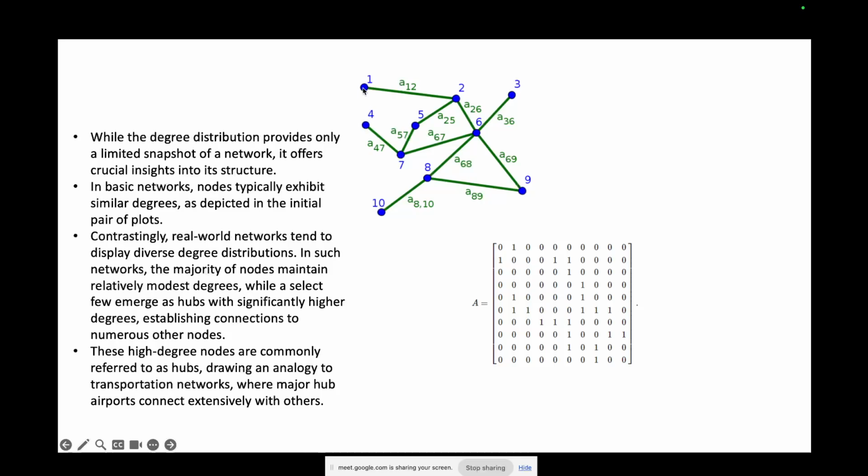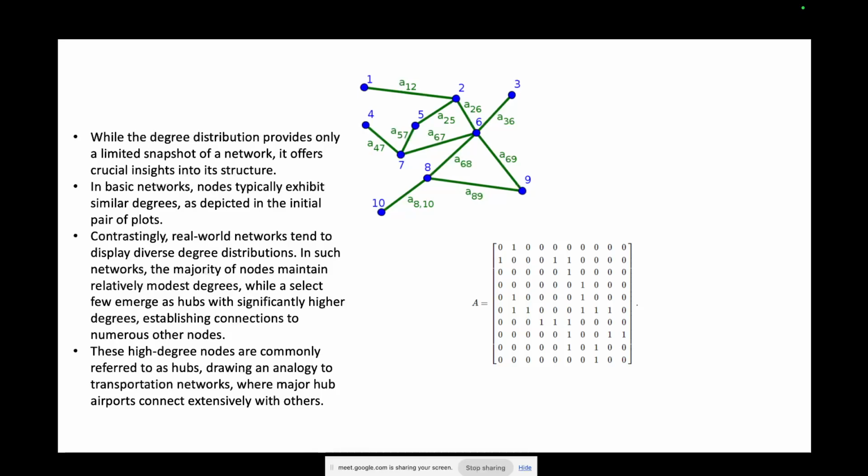So this 1, 2, 3, 4, 5, 6, these are different nodes in the network, and the edges connecting two particular nodes are given by A, and in the subscript the numbers are given by the nodes it connects. So A12 is basically the connection between 1 and 2. A25 is the connection between the second and the fifth node.